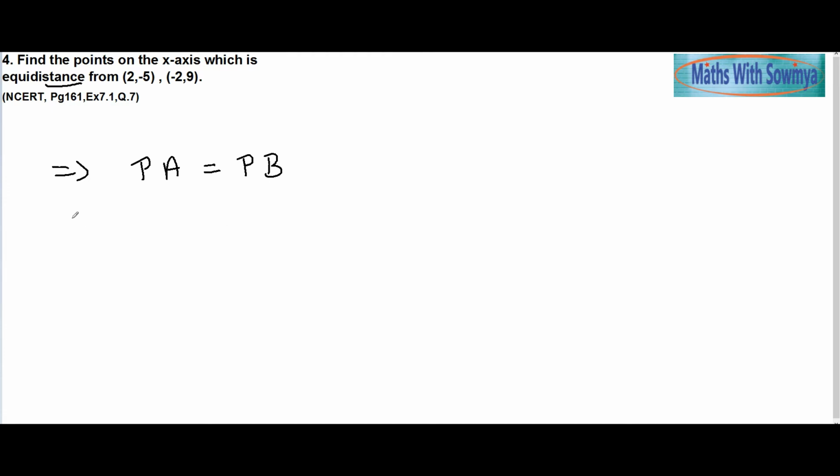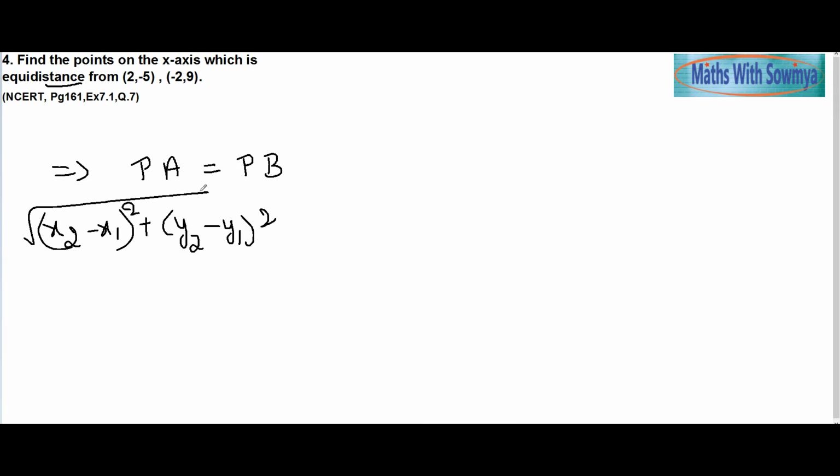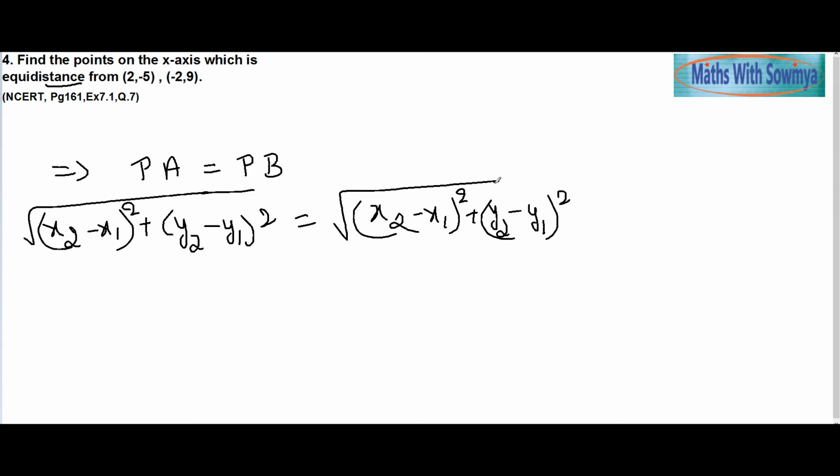If you want to write the distance formula for this, x2 minus x1 whole square plus y2 minus y1 whole square, which is PA. And this is x2 minus x1 whole square plus y2 minus y1 whole square. First we shall do with PA.